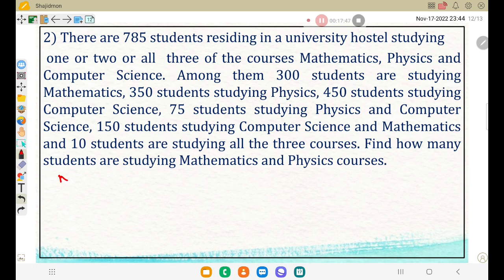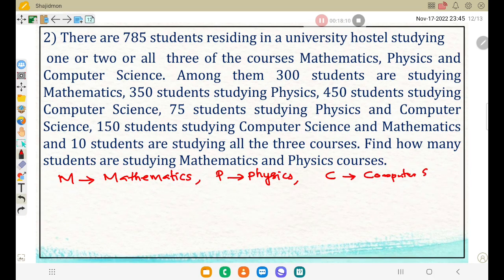Mathematics I am writing as M, physics I am representing as P, and computer science I am representing as C.